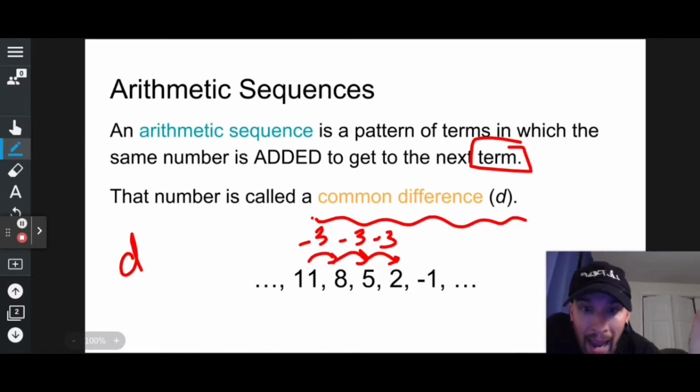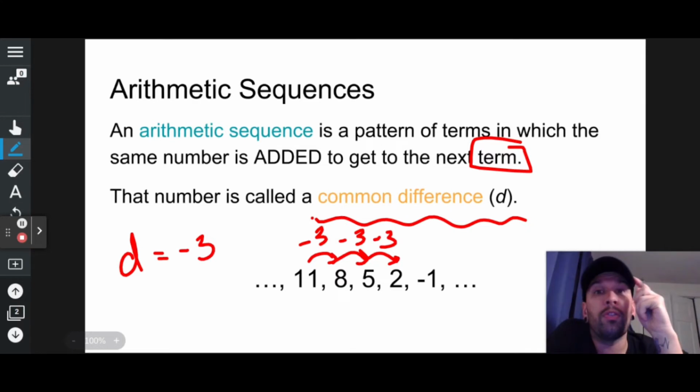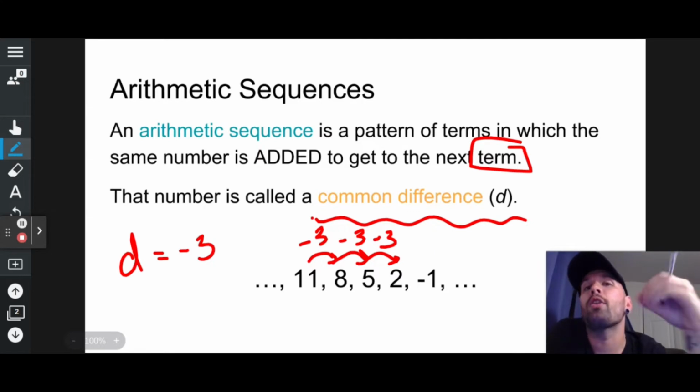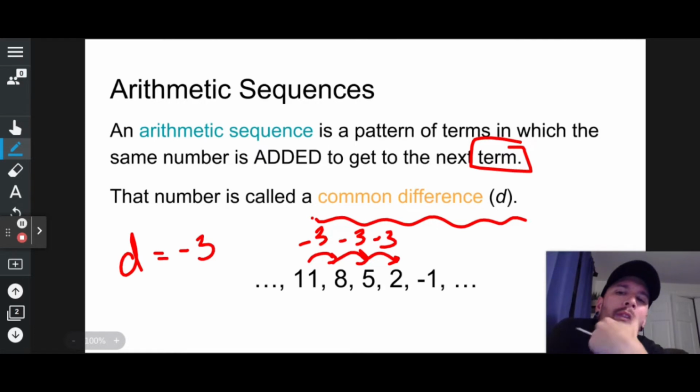So what do I add to get from 11 to 8, from 8 to 5, from 5 to 2, and so on and so forth? Well, I add negative 3. So if the pattern is subtract 3, my common difference is whatever I add, which is negative 3. Okay, so our D is going to equal negative 3.